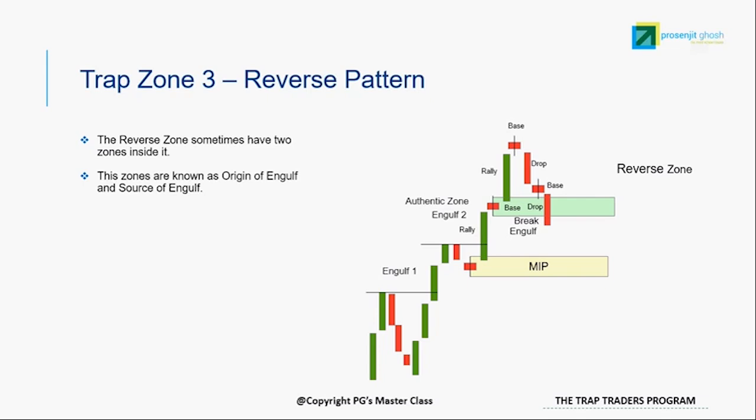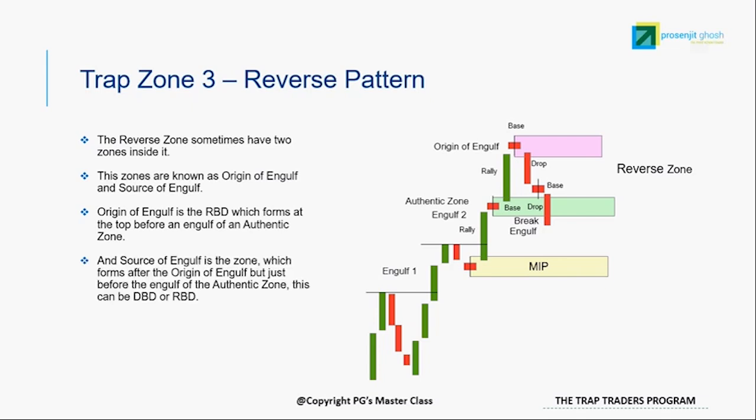These zones are known as origin of engulf or source of engulf. The origin of engulf is the rally base drop which forms at the top. This is the origin of engulf, which is the rally base drop which forms at the top before an engulf of an authentic zone.